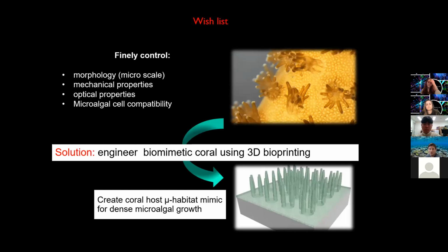And so my idea was then to engineer a biomimetic coral and then 3D bioprint it, basically. And so my wish list was that I can control the morphology, the microscale architecture. I can control the mechanical properties and tune the optical properties, and it has to be cell compatible.